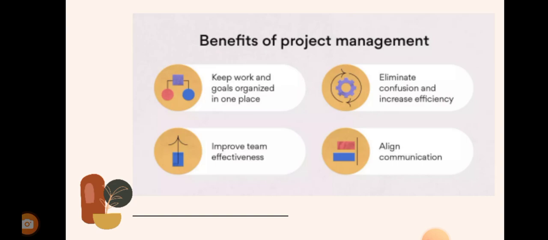It eliminates the confusion about what you still need to do to accomplish a specific task. And then increase efficiency, because you know what the first step or first task to be accomplished is, for you to be able to create a new product.